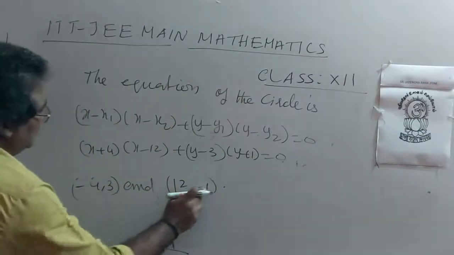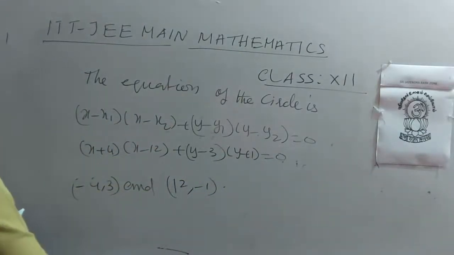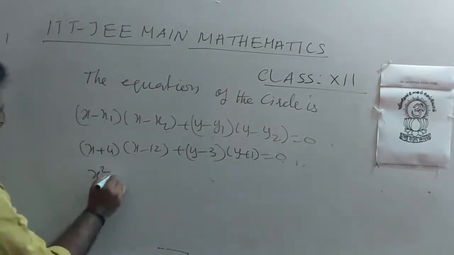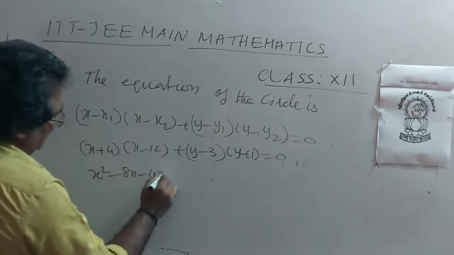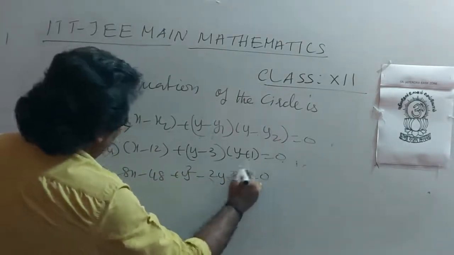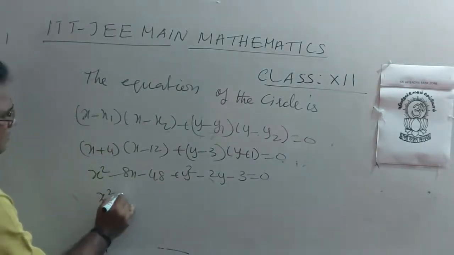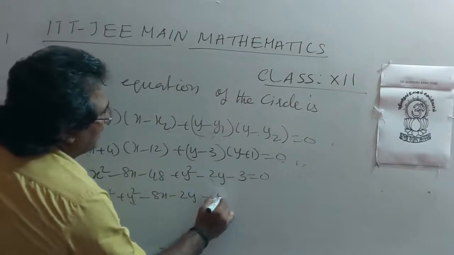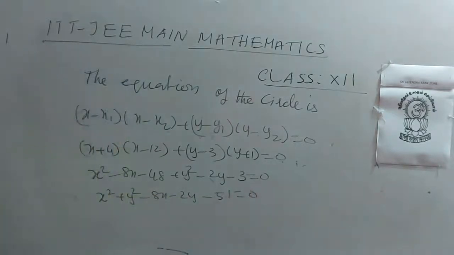Here x1, y1, x2, y2. x squared minus 8x minus 48 plus y squared minus 2y minus 3 equal to 0. x squared plus y squared minus 8x minus 2y minus 51 equal to 0.